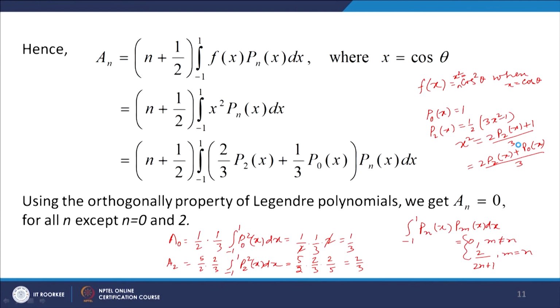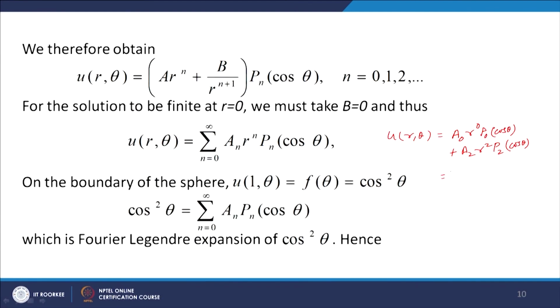We have found A naught equal to 1 by 3, A2 equal to 2 by 3. So, this will be 1 by 3 P naught cos theta plus 2 by 3 r square P2 cos theta.